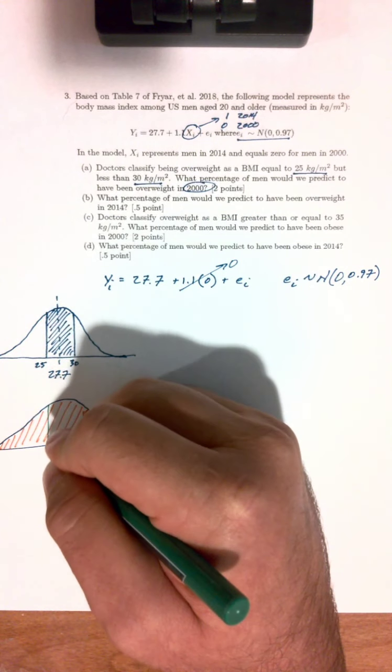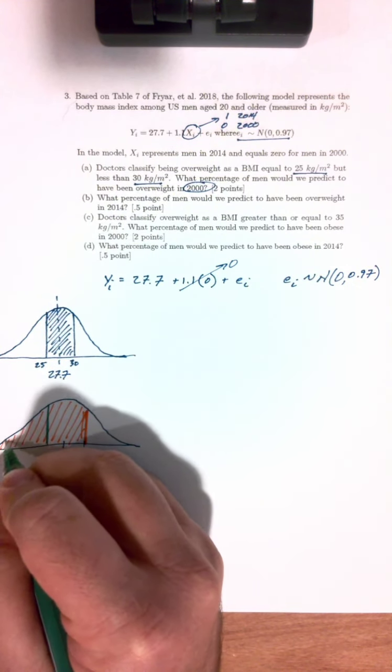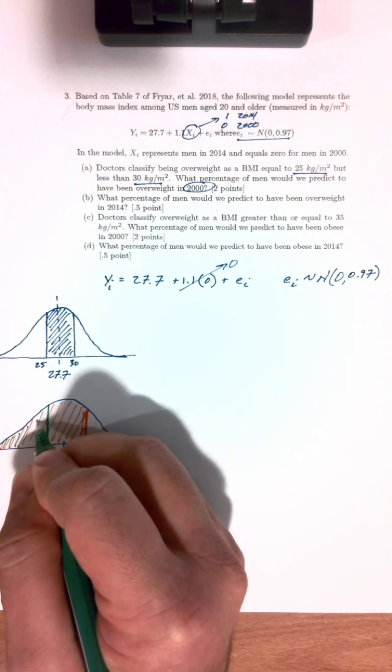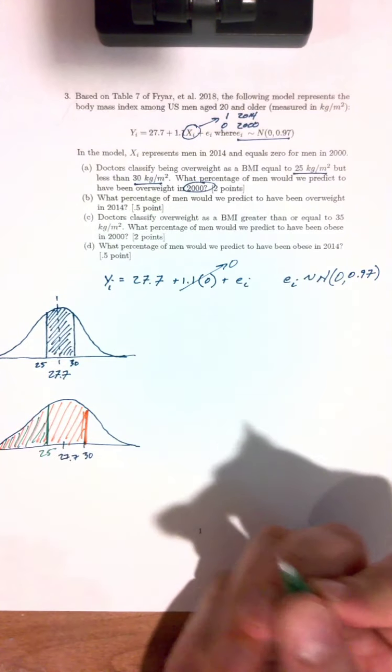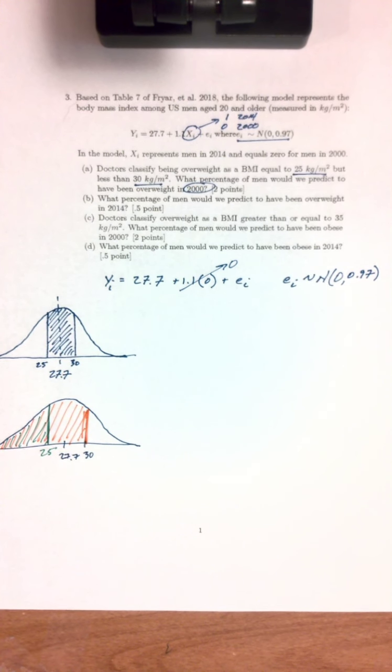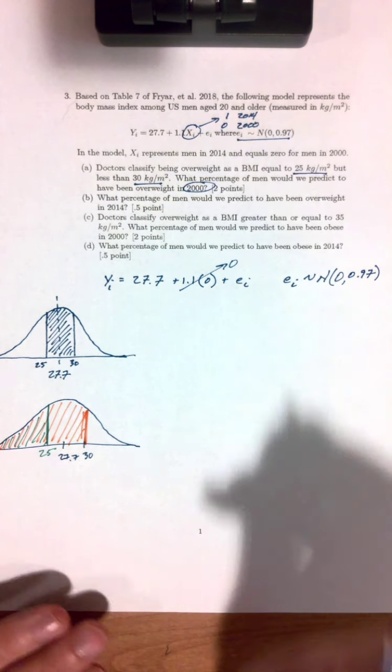So to do that, we're going to take this green marker and we're going to subtract out anything that falls on this side of 25. Now expressed this way, it should become clear how one might go about doing this.